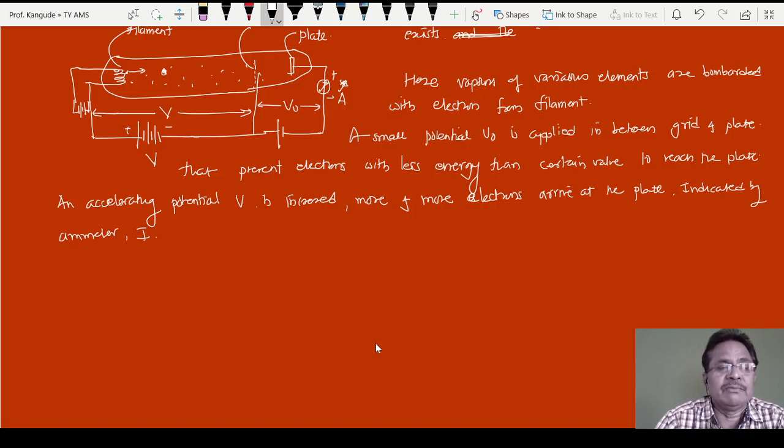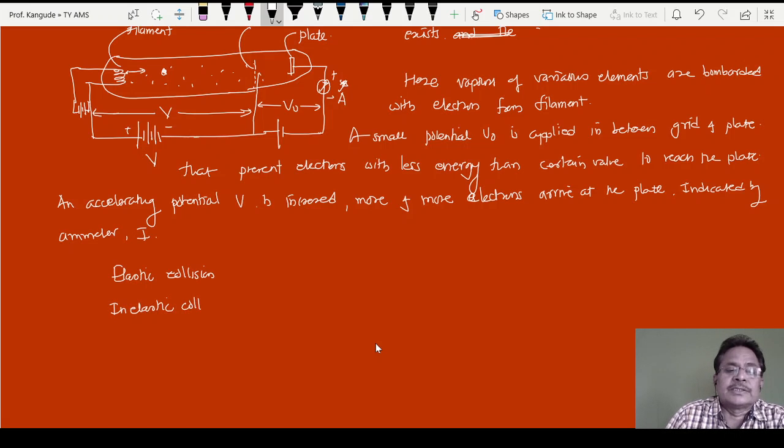In one situation, we can assume that whatever collisions occur between the atoms and the electrons coming out, these collisions may be of two types. One is called elastic collisions, and the second is inelastic collisions. Most of the time it is found that elastic collisions occur.